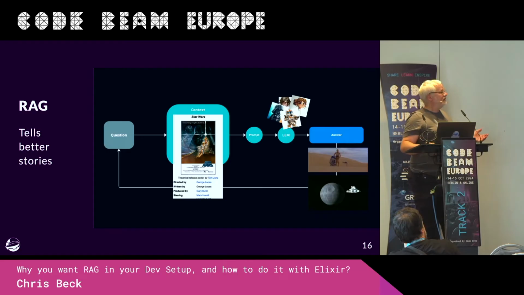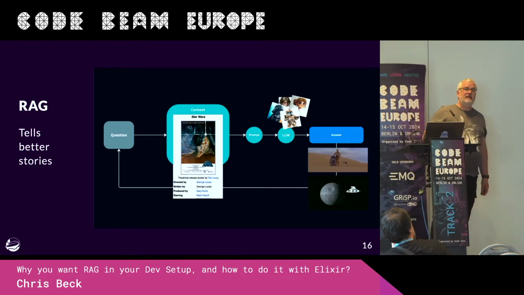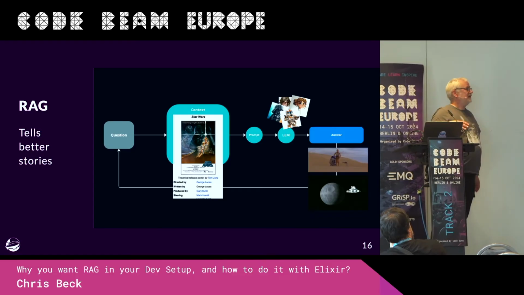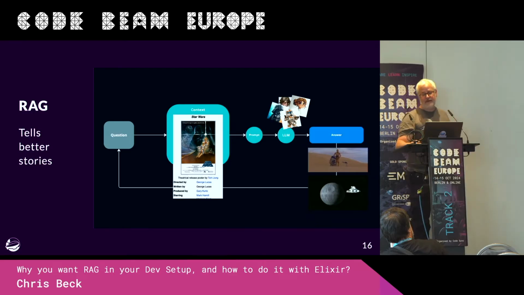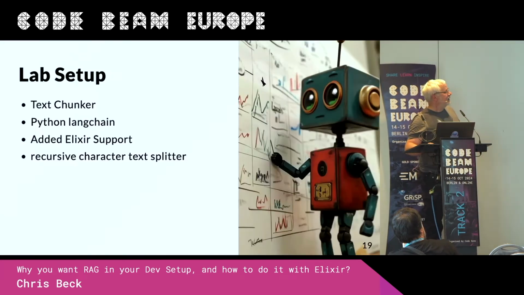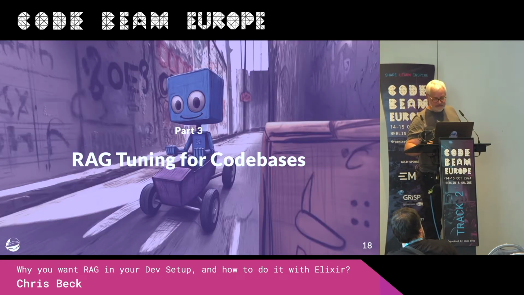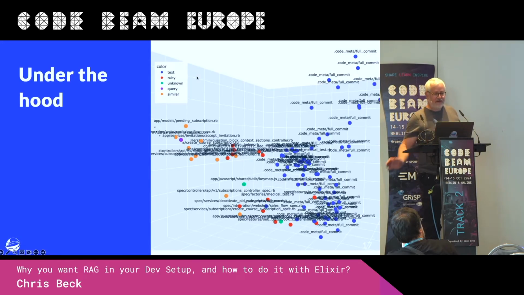For that, when we're looking at our code base, we want to make a representation of the code base in our mental model of the application, which is a vector store like this.